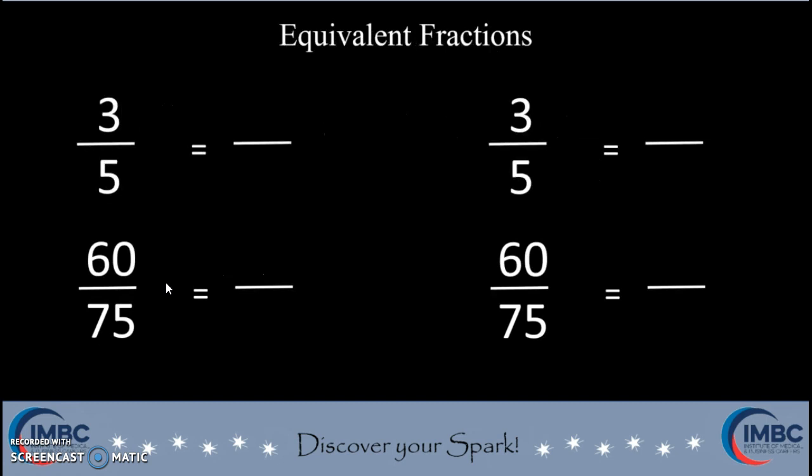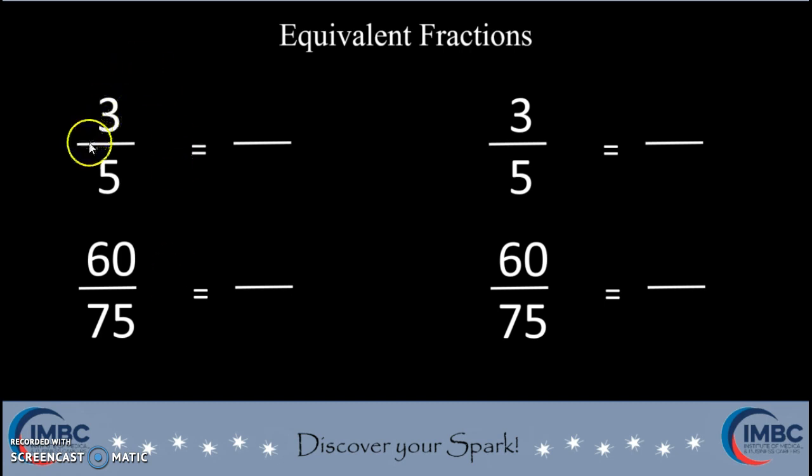Okay, need to talk about equivalent fractions. Equivalent fractions are different fractions representing the same value. Equivalent fractions are found by multiplying or dividing both the numerator and the denominator by the same value. So whatever we do to the numerator, we must do to the denominator.